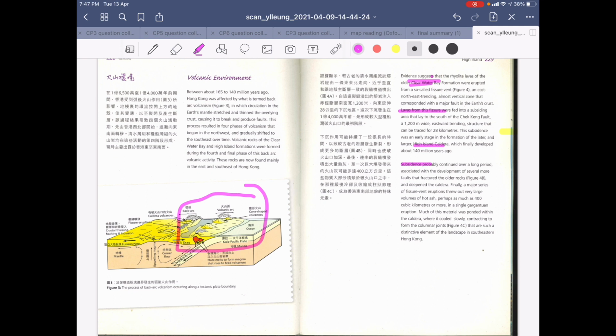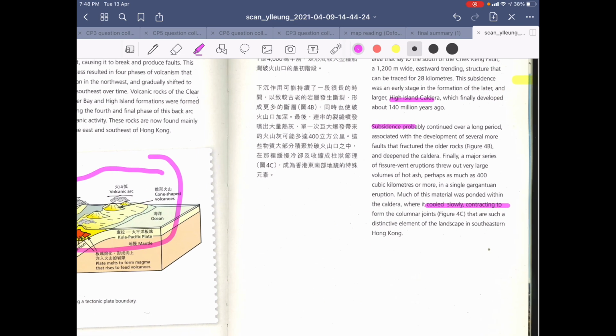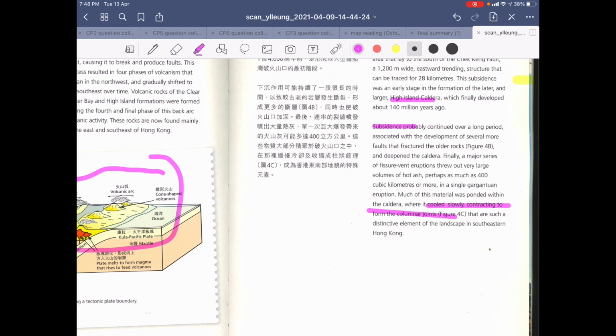Next is formed the remainder of the Hong Kong High Island Reservoir, and then afterwards the slope cools down, forming a hexagonal columnar joint.